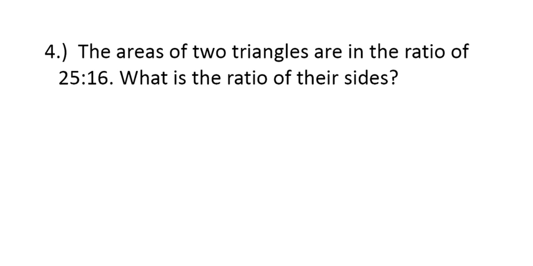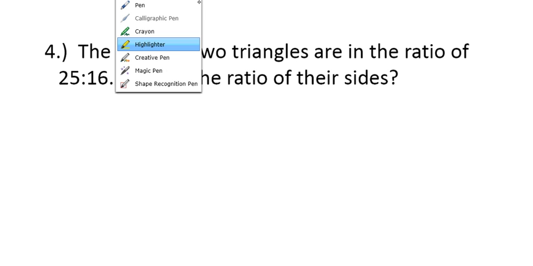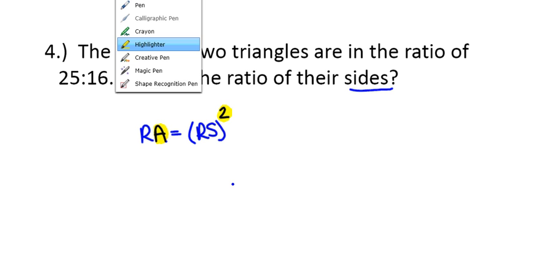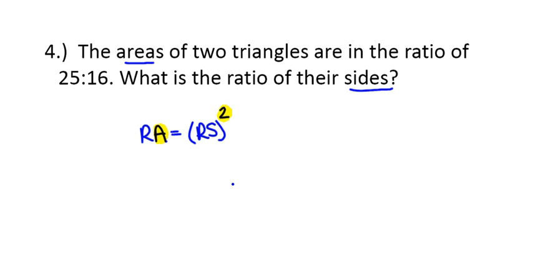Number 4 talks about the area of two triangles being in the ratio of 25 to 16. It then wants us to find the ratio of their sides. So again, the first thing that I'm going to do, since it's talking about sides and areas, I'm going to write down that the ratio of the areas is equal to the ratio of the sides squared. And again, I remember this because area is measured in square units, so that exponent there is going to be a 2. So in the problem, I'm given that the ratio of the two areas is 25 to 16.